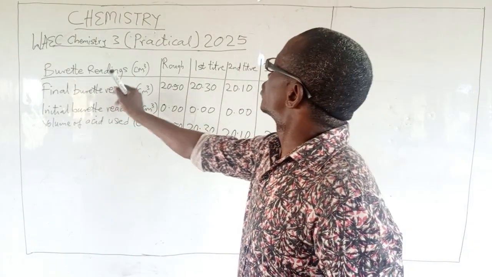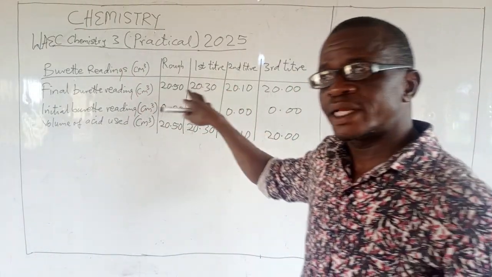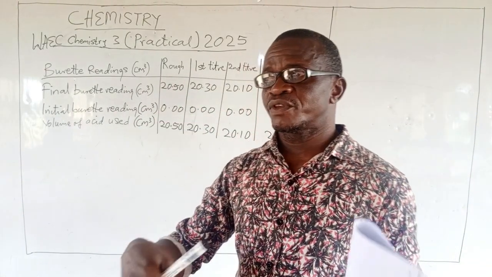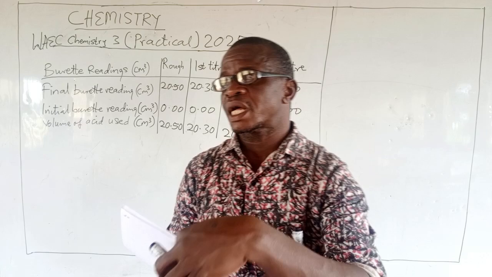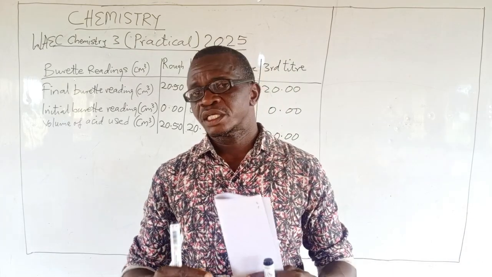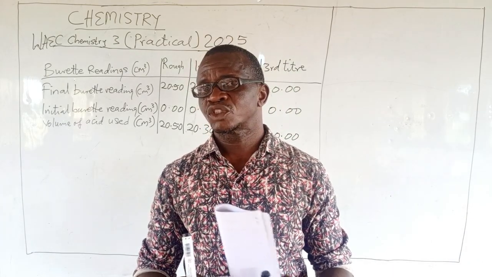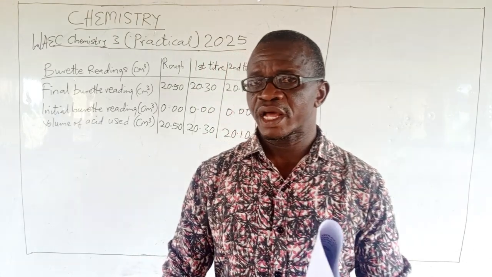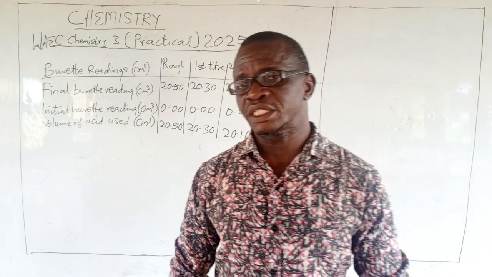Now, you will see a table. You are the one to draw this table. Before I continue with the table, this chemistry practical is divided into two. One is qualitative analysis, another one is quantitative.